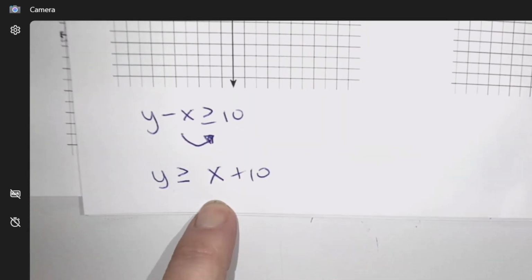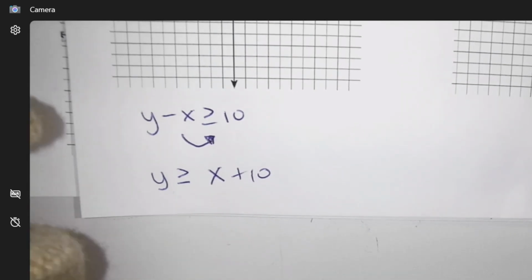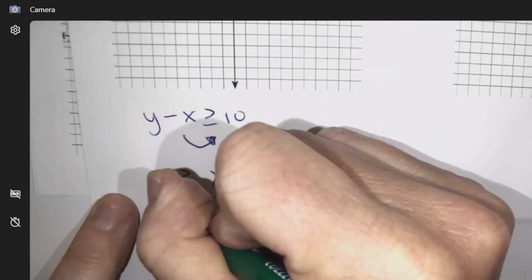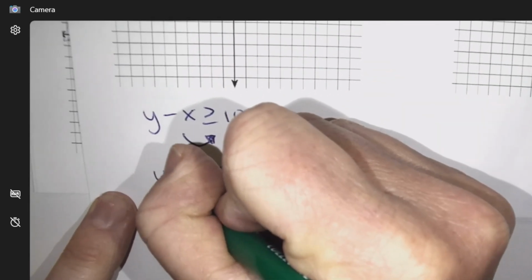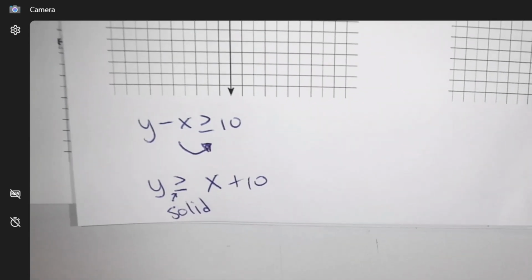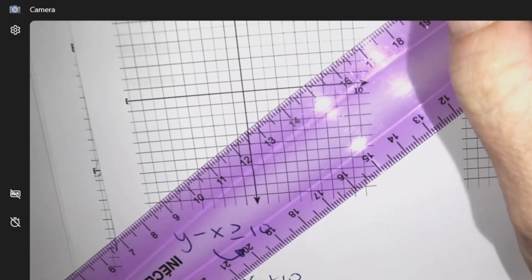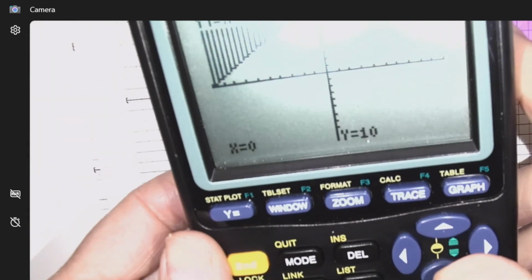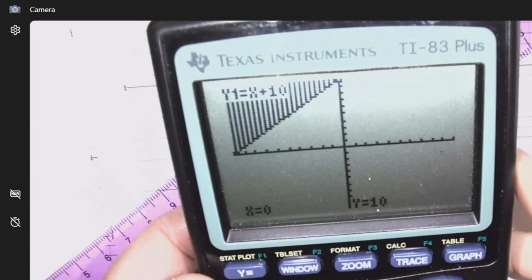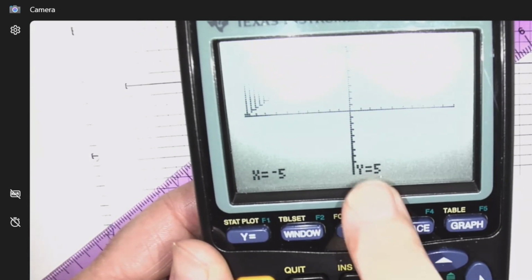Okay. Question, is this line going to be a dashed or a solid line, and how do we know? It's going to be solid, and the reason is I can be on that line because it says or equal to. Okay, so I know that (0, 10), if I activate my trace, (0, 10), and I might go to the negative, like -5.